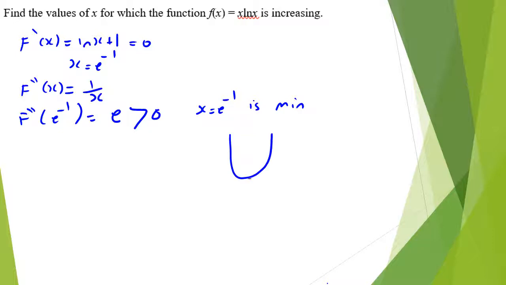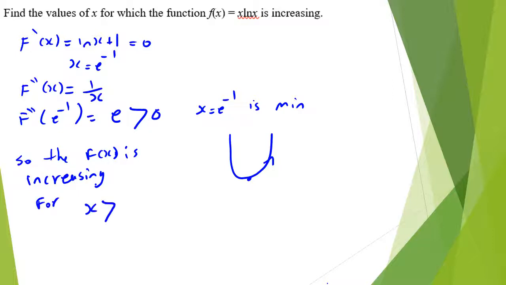Because it's a minimum point, anything beyond that point will be increasing. So the function f(x) is increasing for x is more than e to the power of negative 1.